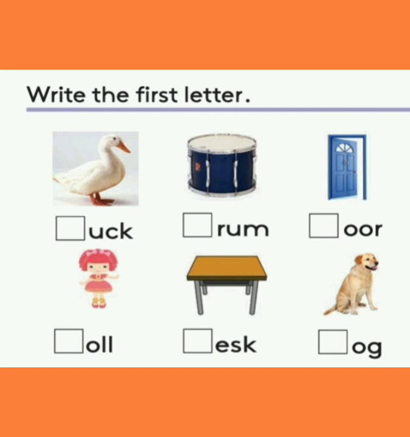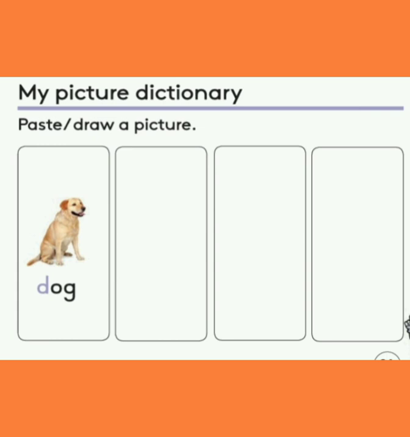Okay, so the final exercise is my picture dictionary exercise. So they have given you 4 boxes. One is already filled, so you are going to paste pictures or draw pictures and write their names, the words starting with letter D. Okay, so you have learned so many words starting with letter D. What you're going to do is you can draw very nicely and color it out and name the pictures, or you can either paste pictures and name it out.